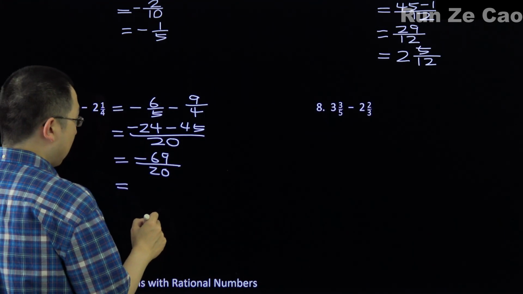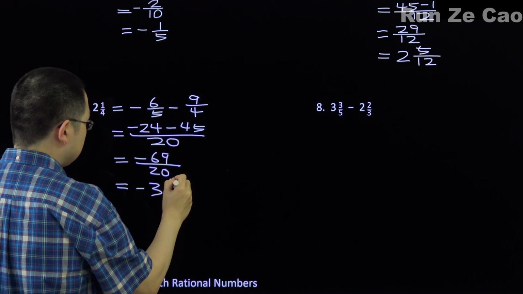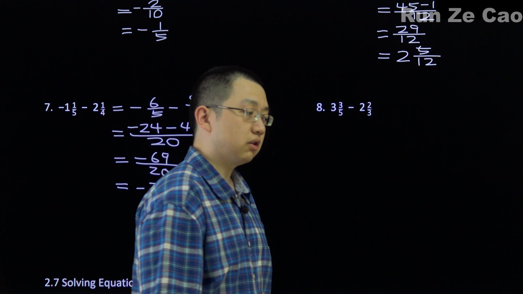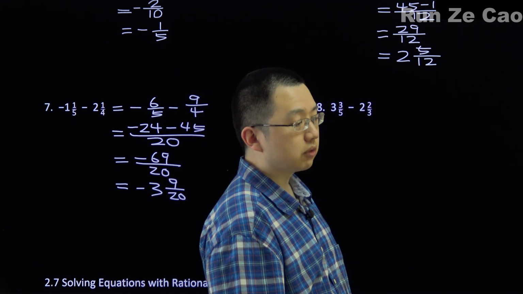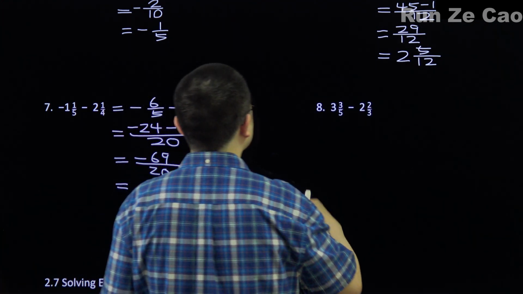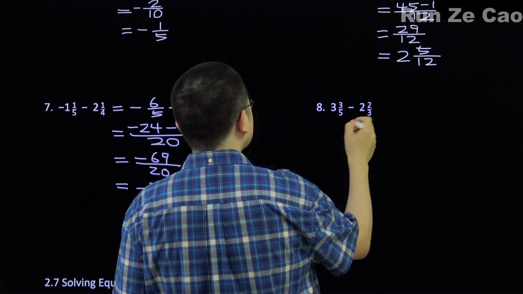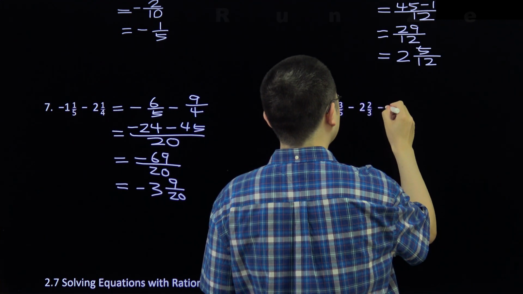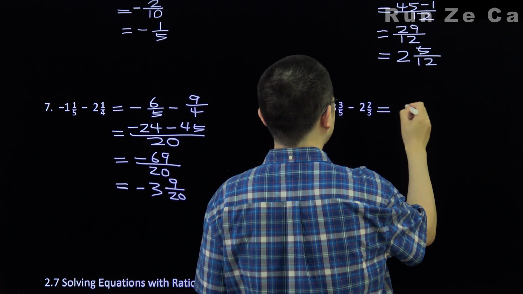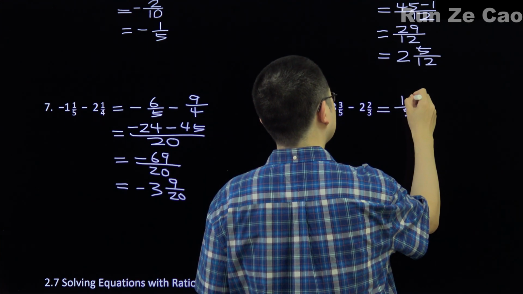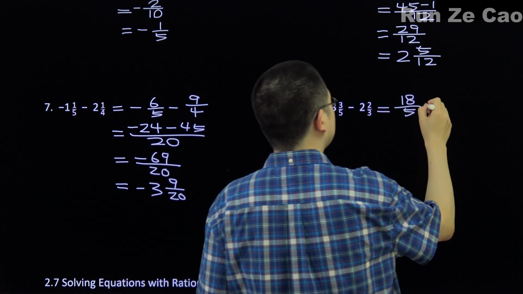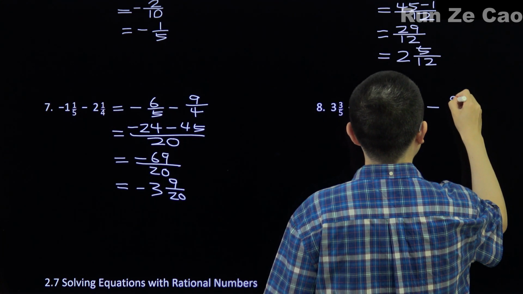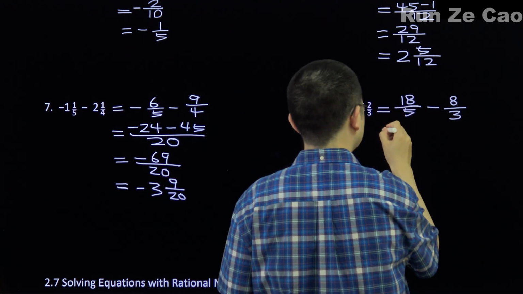Okay. That's negative 3 and 9 over 20. In simplest terms, if you consider simplest terms to include changing to mixed fractions if possible, instead of improper fractions. So 3 and 3/5 minus 2 and 2/3, that's equal to how much over 5? 18 over 5 minus 2 times 3 is 6 plus 2 is 8 over 3.